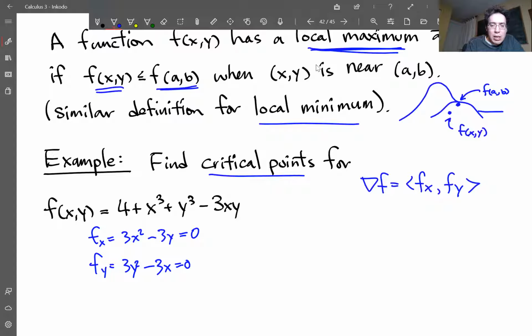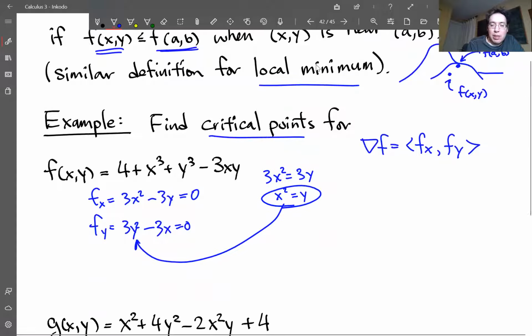I want both of these equations to hold at the same time. So maybe I'll bring negative 3y to the other side of the equation and get y is equal to x squared. Then I could take this and substitute it in for y in the second equation.